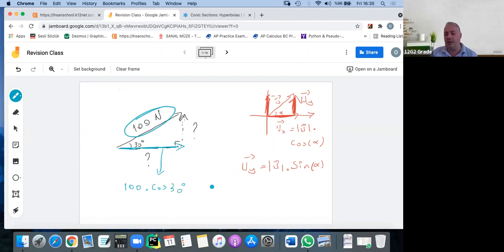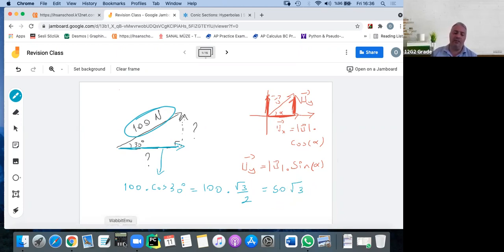So you can use your calculator. And cosine of 30, I know that it is √3/2. And then it will be 50 times √3. If there is alternative A, B, C, D, 50 times √3, you can check it. You can select that one. If not, you will use the calculator.